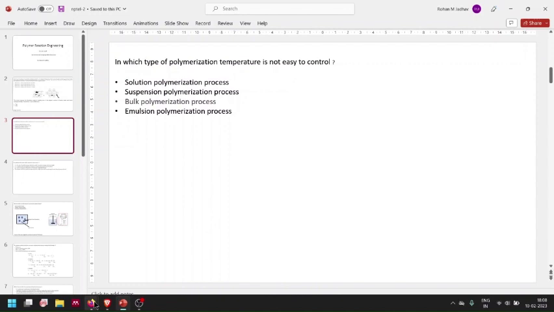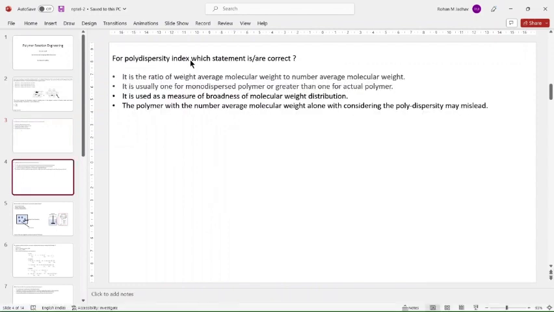Next question we have for polydispersity index: which statement is or are correct? It is usually defined as the ratio of weight average to number average molecular weight, and usually it is one for monodisperse polymer or greater than one for actual polymer.